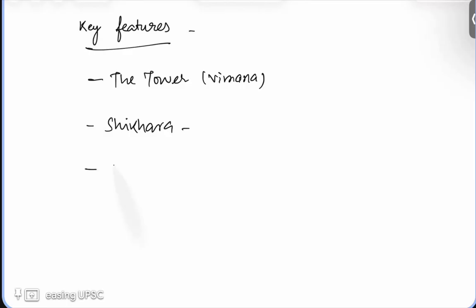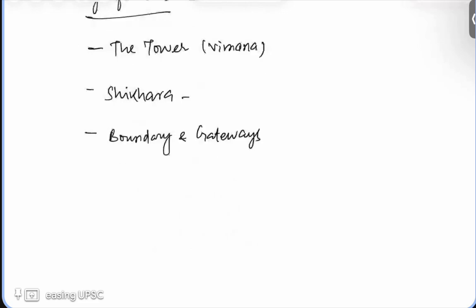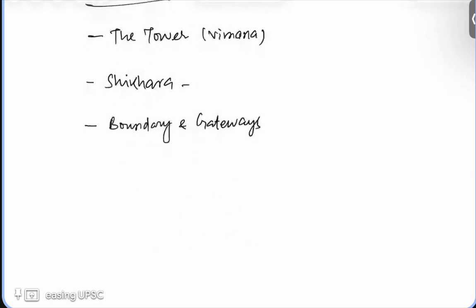Then boundary and gateways. The temple is enclosed with high walls. The entrance gateway is called. Tell me, Pratiksha, can you please tell? The entrance gateway, what do we call it?